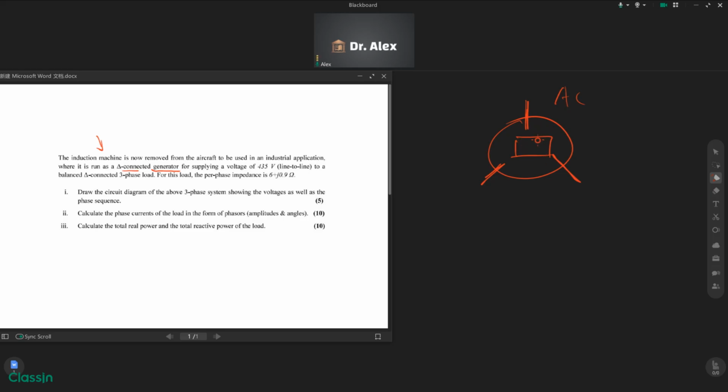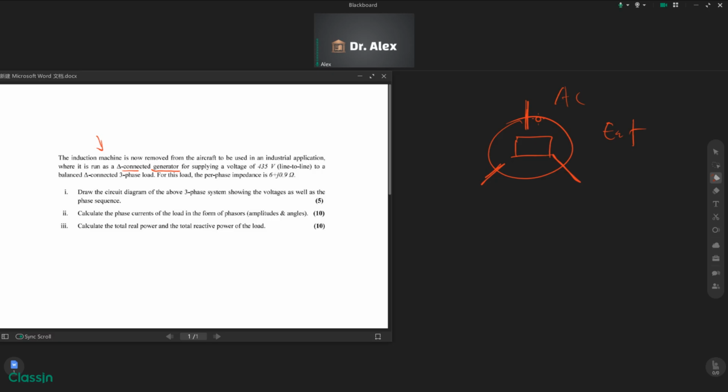However, if we use some external force to make the internal rotor rotate first and generate EMF in the coil of the outside stator, that function is called a generator. So basically, we can use the induction machine to play both roles, generator and motor.